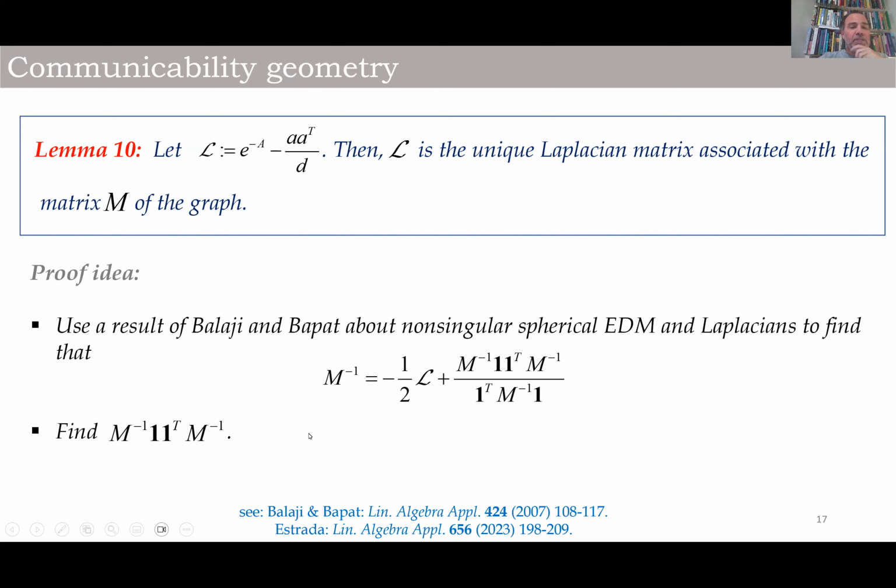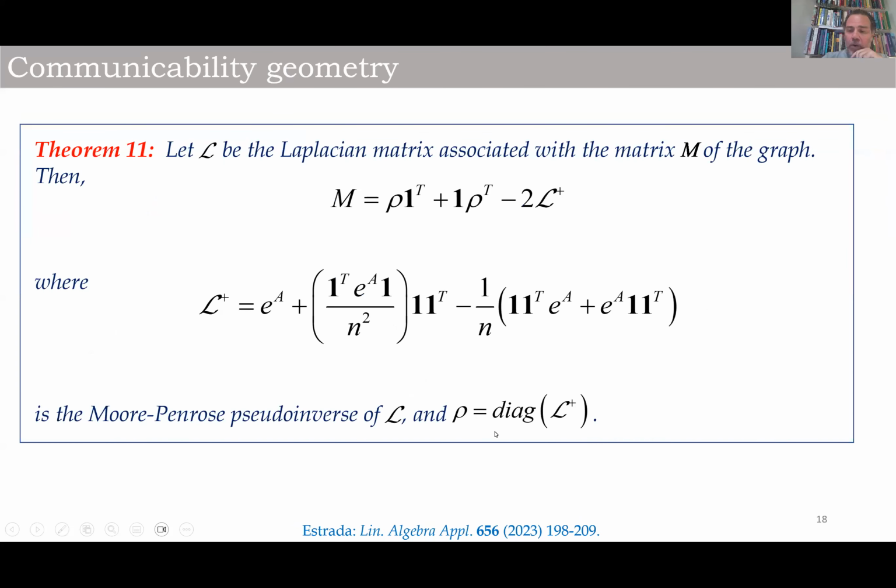Then we find this term in the numerator here. We have already the denominator, and in this way, we have proved the result. So now we have the following important result.